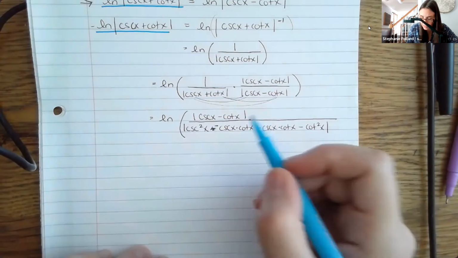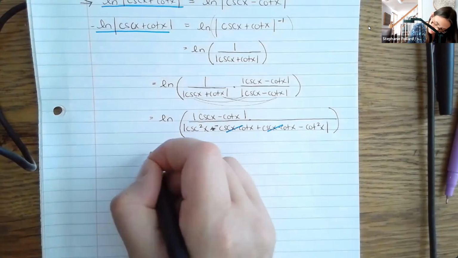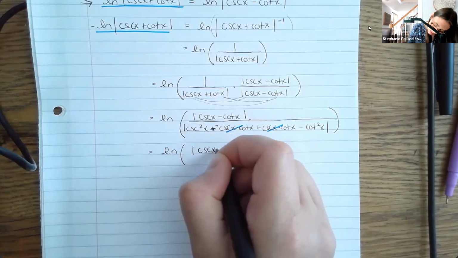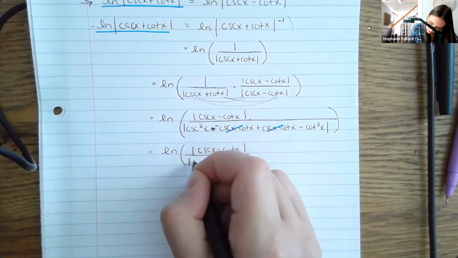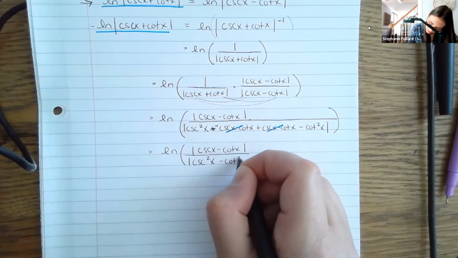And you're going to notice that those inside terms are going to cancel. And you're left with natural log of absolute value cosecant x minus cotangent x all over absolute value of cosecant squared x minus cotangent squared x.